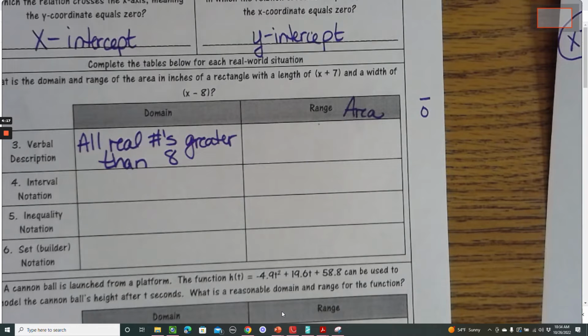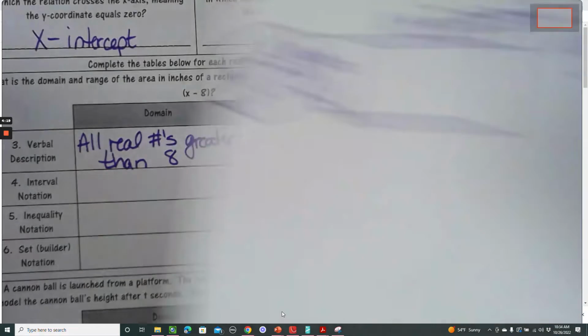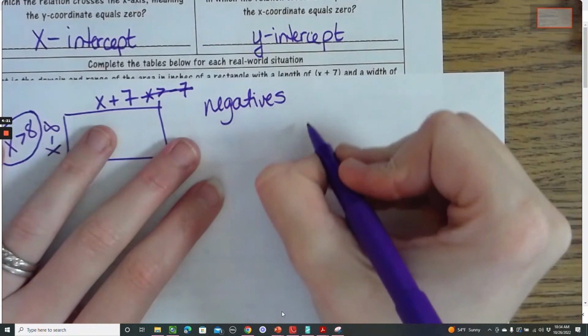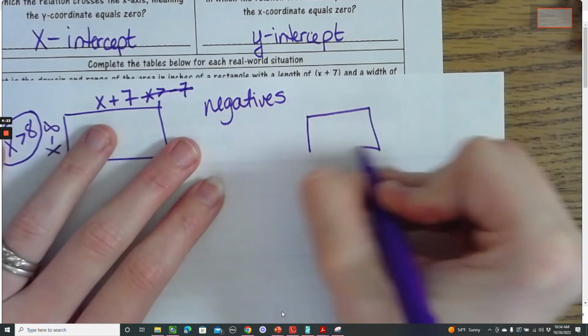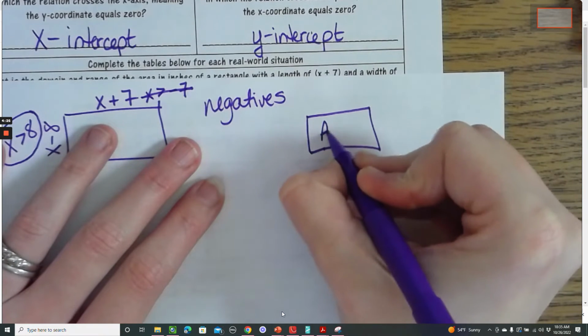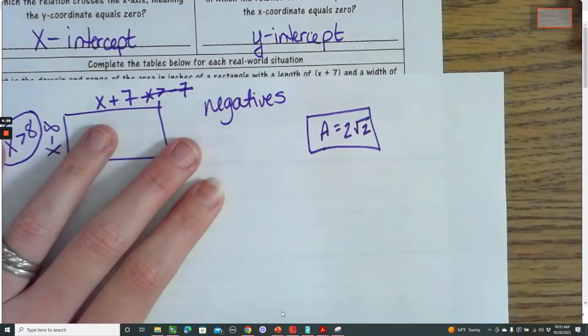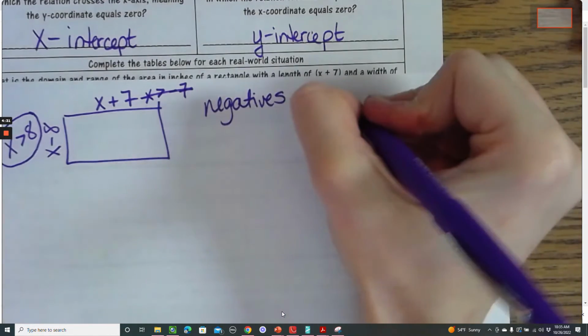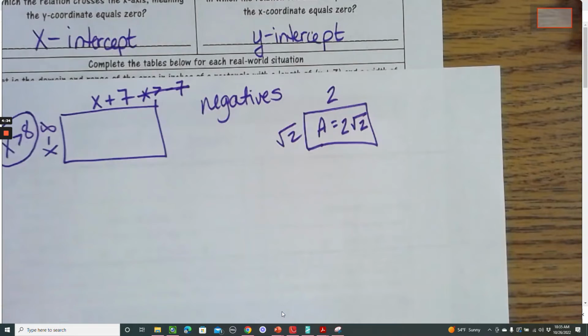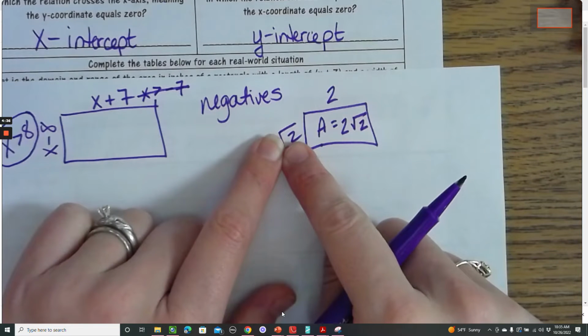What about a square root? Can I have a rectangle where the area is like 2 times the square root of 2? Yes. If this side is 2 and this side is the square root of 2, so that covers irrational numbers.